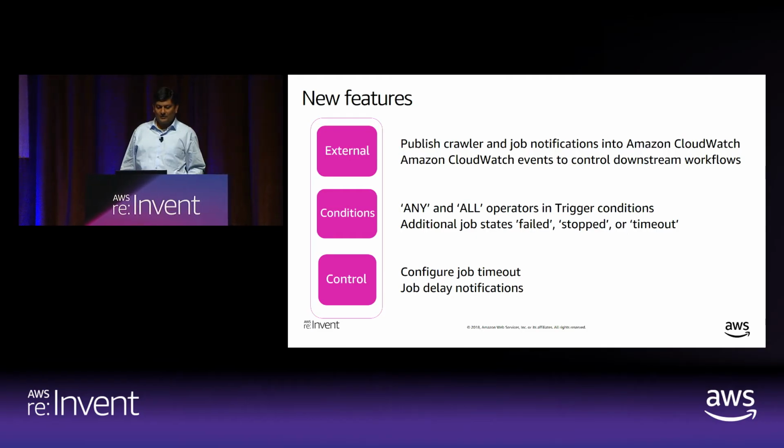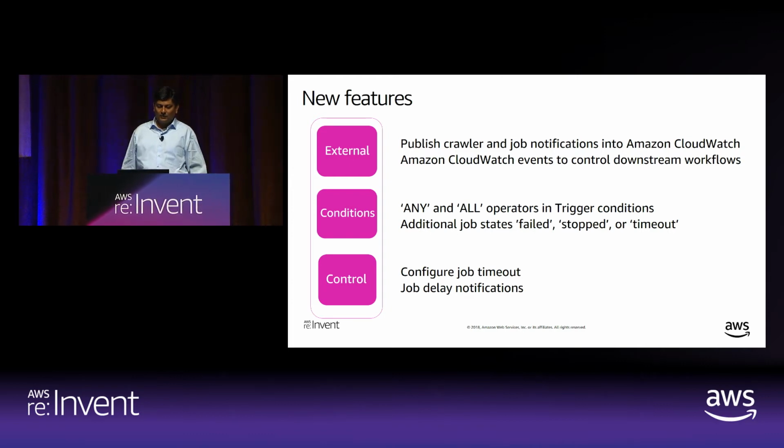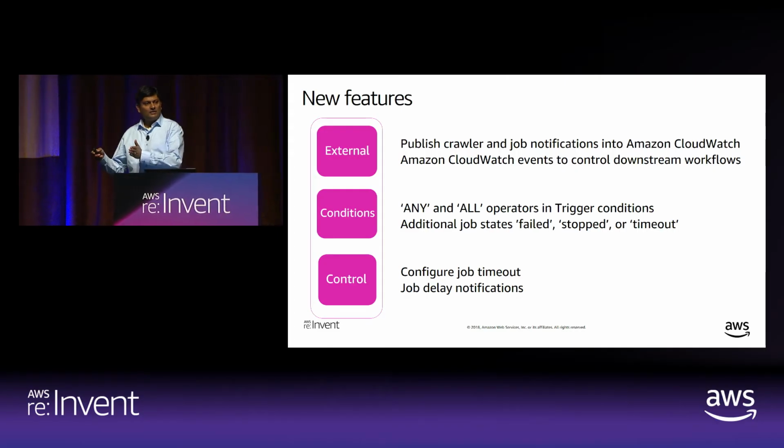When you purposely stop a job, when you hit a timeout, we now allow you to control the job timeout value; before it was just set for you. And we have a new type of notification where you can set a delay. I expect this job to run for 15 minutes, and if it goes beyond that, please notify me so that I can run another workflow to compensate for the fact that this is running too slow.